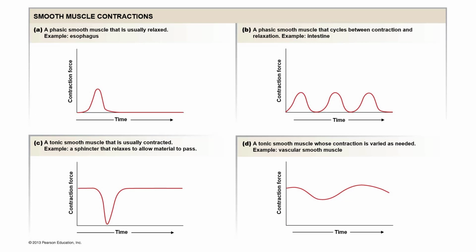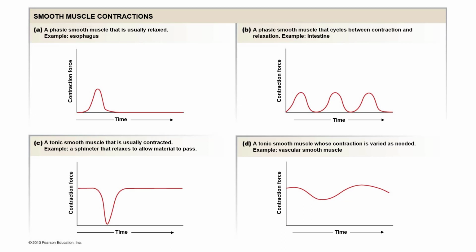Examples of this would be our esophagus or our intestine, in which generally that tissue is relaxed. And then when we have an autonomic innervation of that muscle, it builds tension in its contraction, and it's utilized for, in the case of the esophagus, peristaltic movement of a food bolus into the stomach.